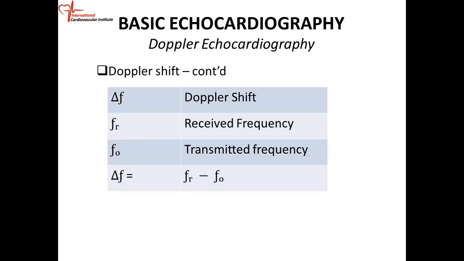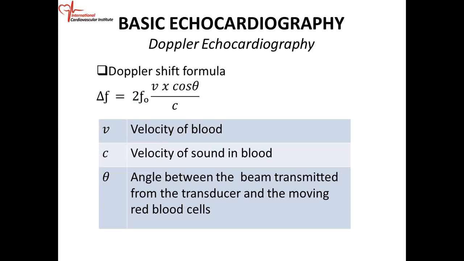Let's analyze the formula a little bit. So what we're saying is the Doppler shift is equal to 2 times the transmitted frequency. That's whatever frequency you're using. Now, when we're doing ultrasound, we have the transducer on the chest, and it's producing an ultrasound beam towards, say, the mitral valve.